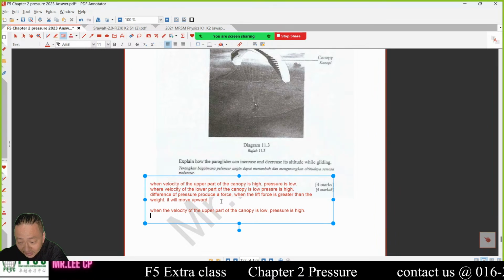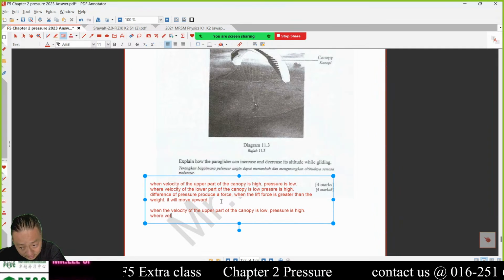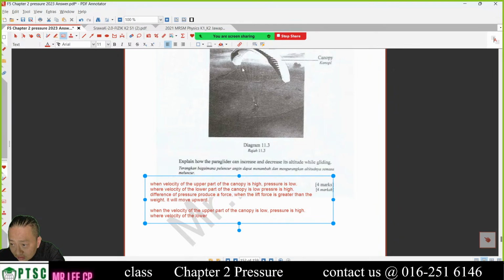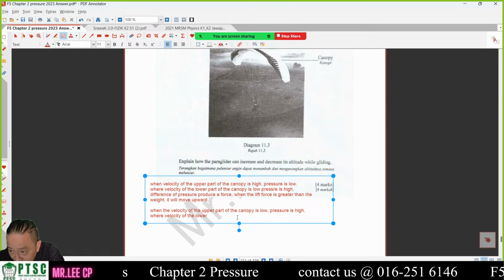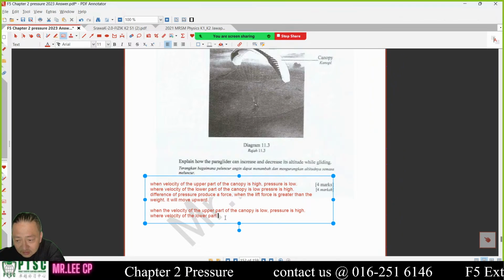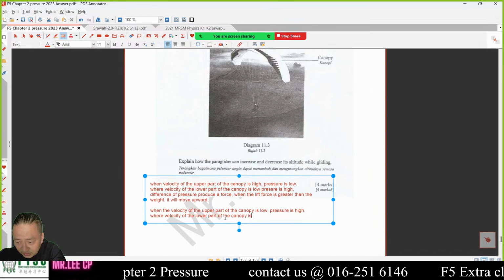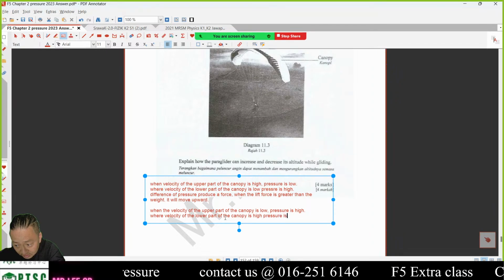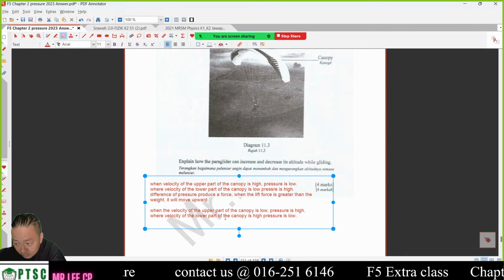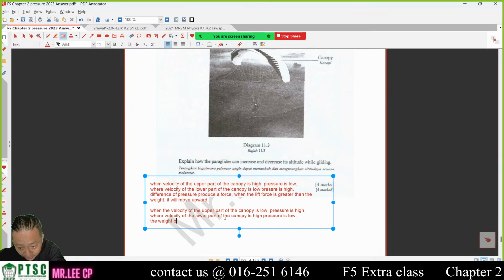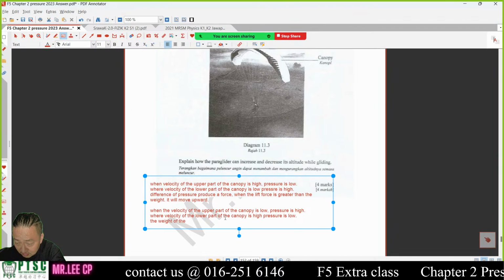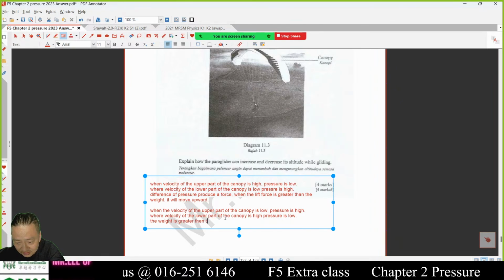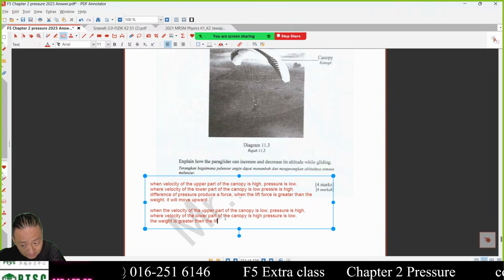Or the velocity of the lower part of the canopy is high, pressure is low. So the weight is greater than the lift force.